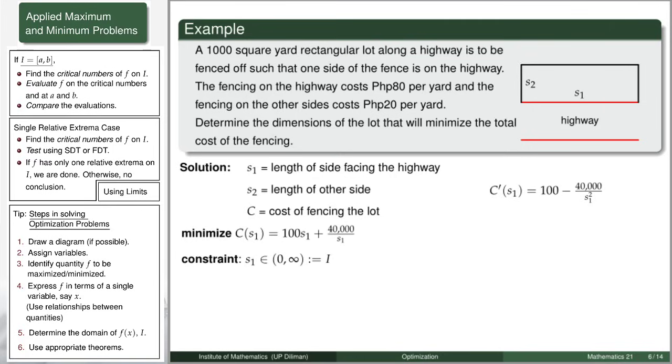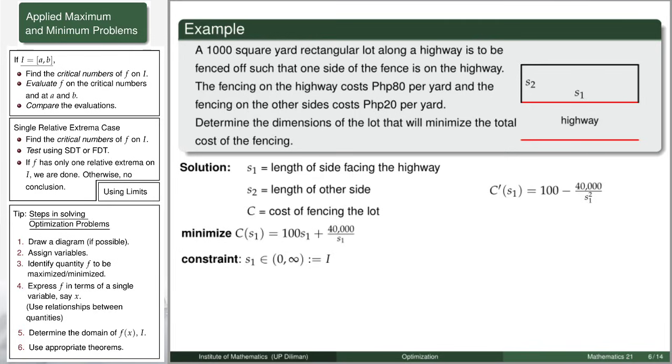The factors of this quantity will just be 100 times S1 squared minus 400 over S1 squared. That will give you 20 and negative 20 that make it 0, and 0 that will make it undefined. Since 0 is not in the original domain of my function C of S1, that leaves me with 20 and negative 20.